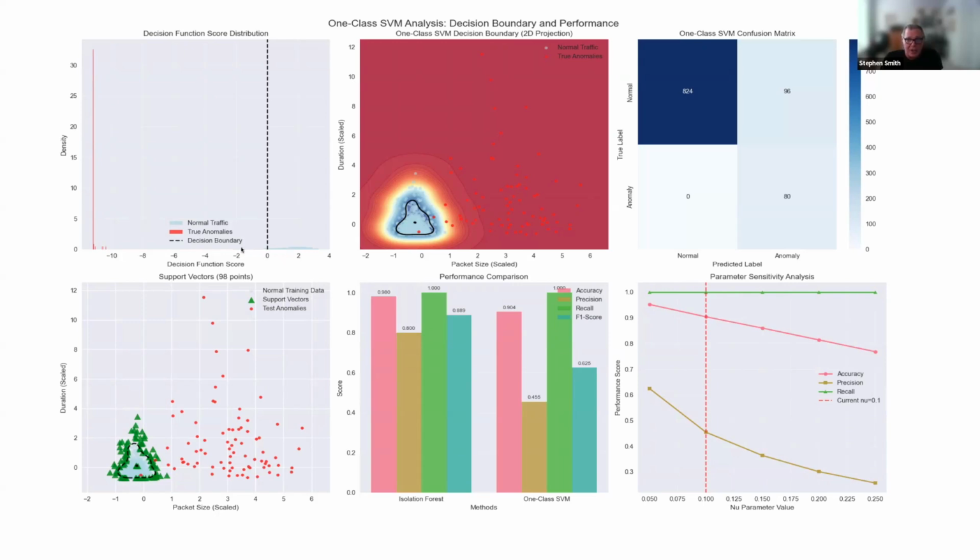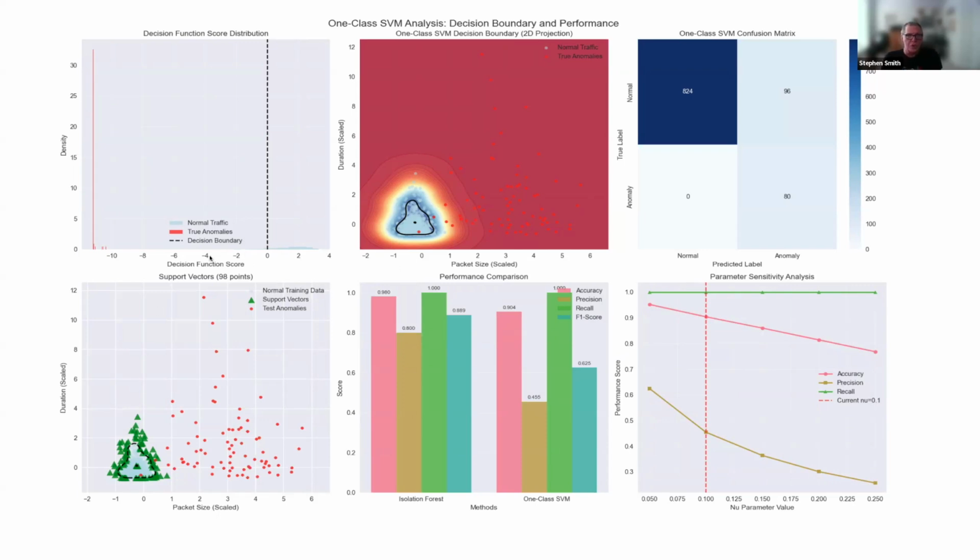If you zoomed in, you would see a little bit of blue down there. Those are actual normal traffic that we flagged as anomalies, which we would prefer as opposed to going the other way and not flagging anomalies and saying they're normal traffic. So the key insight here is that normal data gets a positive score and anomalies get a negative score. The decision boundary, again, is 0.